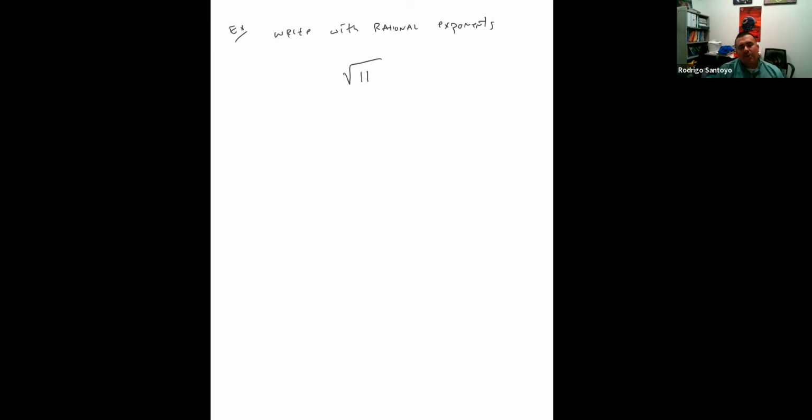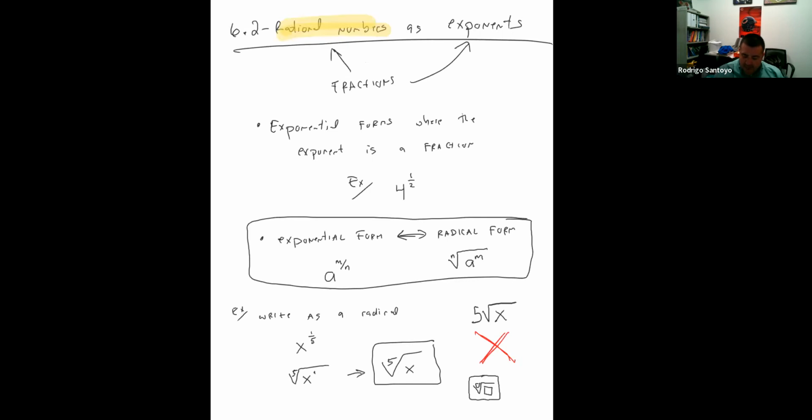Now I want you to show this to me in exponential form. If we take a look back at that property, what we're doing here is we have something that looks like this, and we want to make it look like that.